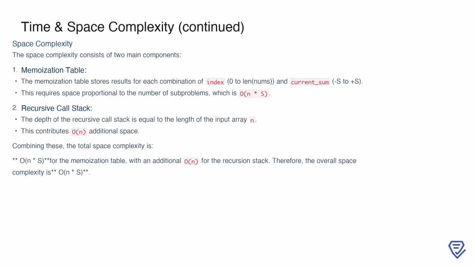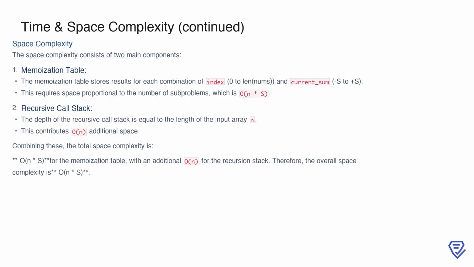Now, let's shift our focus to the space complexity, which has 2 major components. The first is the memoization table. This table stores results for every combination of index and current_sum. Since the number of such combinations matches the number of subproblems, the space required for the memoization table is proportional to n * s. The second component is the recursive call stack.